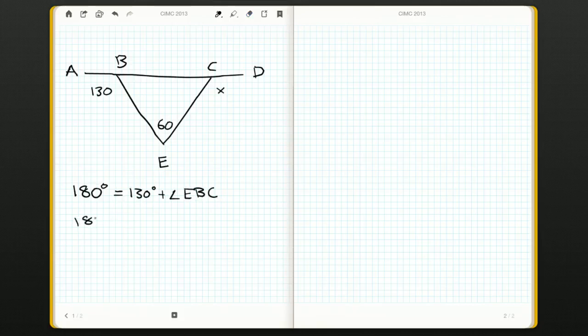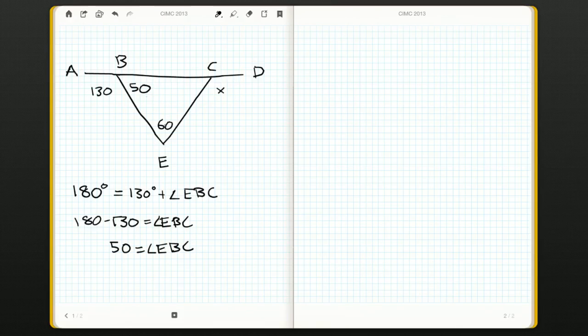So rearranging, we see that EBC is 180 minus 130, so that's just 50. So we can write in 50 degrees here. Okay. So we're moving along our diagram. We're getting closer and closer to that x value. So that jumped out at us right away.